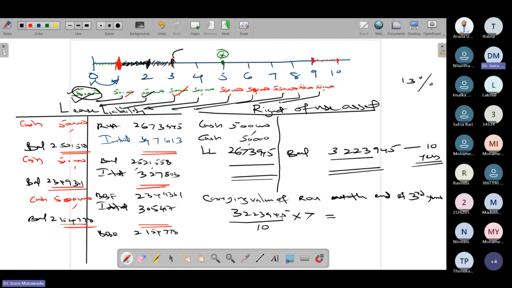Then you will be getting the carrying value of the right of use asset after third year. I hope you understood what I did. So I have taken the remaining useful life. After we depreciate up to third year, the balancing useful life is 7 years, right? So, what's the answer?